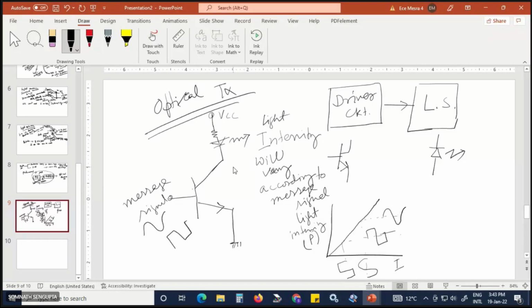Capacitance plays a big role in bandwidth because it determines the time constant RC. If capacitance C is less, then the time constant is less, and switching from 0 to 1 or 1 to 0 will be faster.